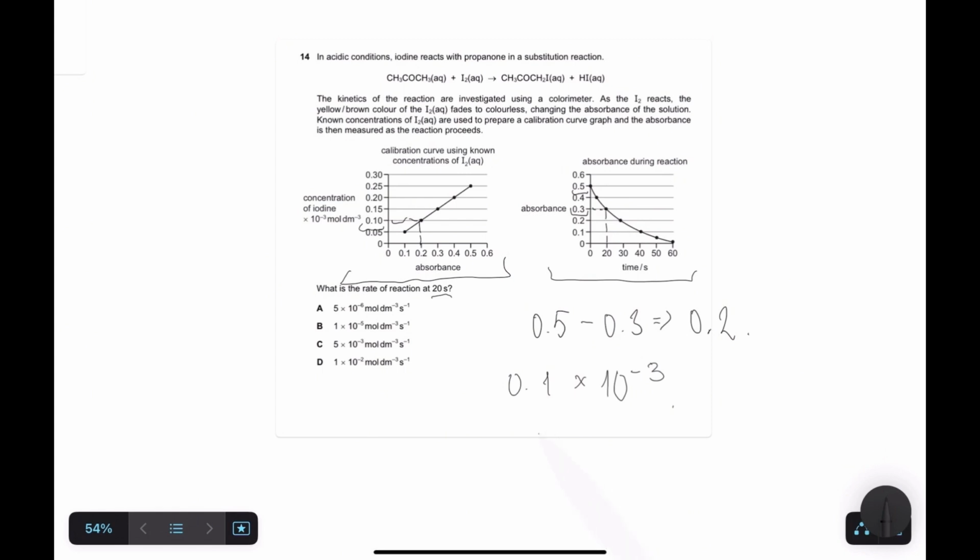So that is equal to 1 multiplied by 10 minus 2 mol dm minus 3 s minus 1. And the answer is D.